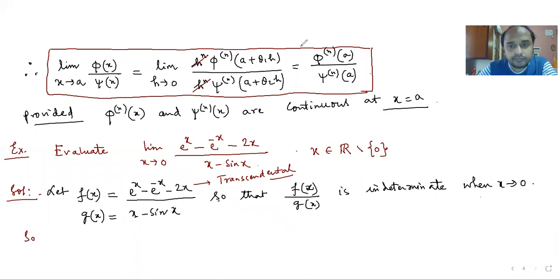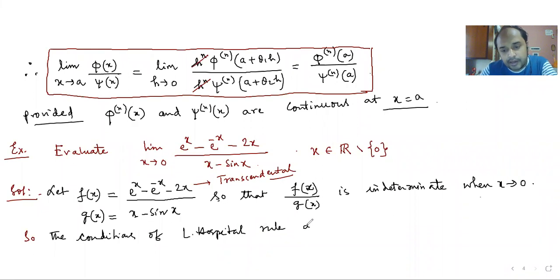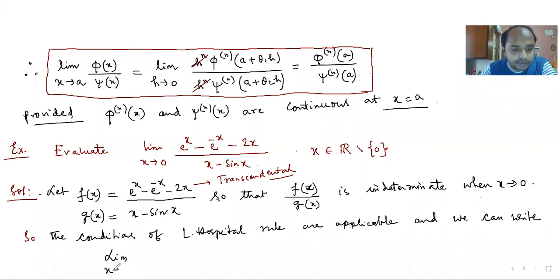So the conditions of L'Hospital's rule are applicable, and by using this, we can write it as limit x tends to 0, e to the power x minus e to the power minus x minus twice x, by x minus sine x.